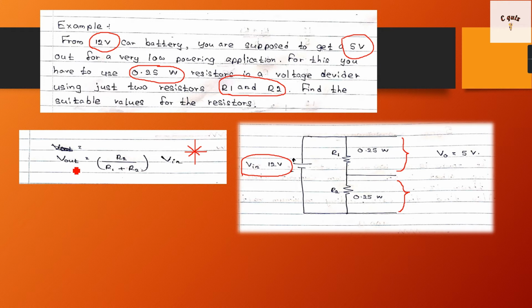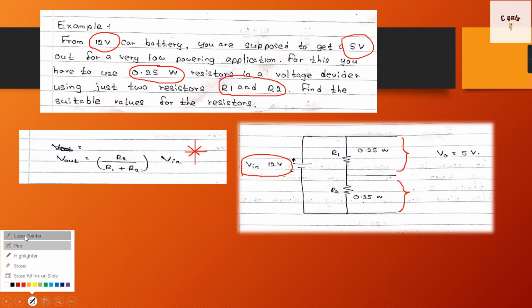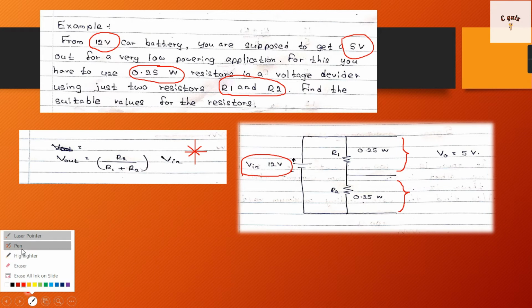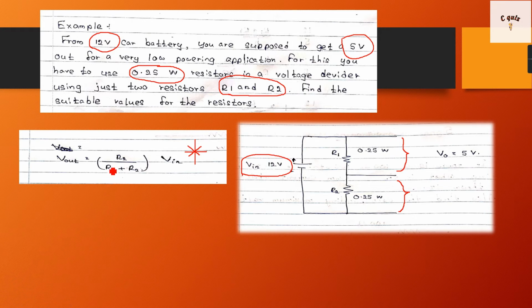So in here this is the voltage divider equation. Here you can see this is the output voltage, and here this is the input voltage. The main important thing when we are solving this kind of question is that we need to identify these R1 and R2 values.